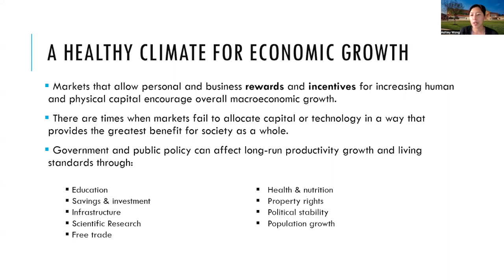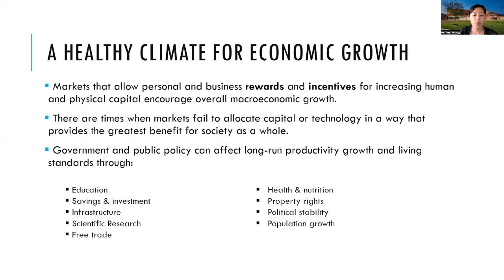But at times, markets are unable to efficiently allocate capital and technology in a way that provides the greatest benefit to society. And so, in situations like these, this is where the government can step in and apply some public policy to encourage productivity growth and improve the living standard. So, a very common example is that private education is not considered to be the most beneficial for society. So, the government steps in and supplies public education.